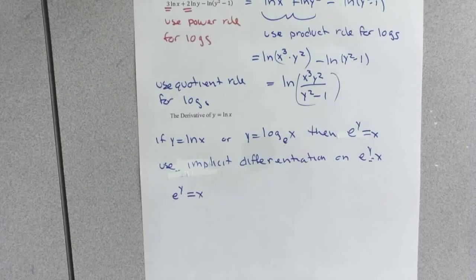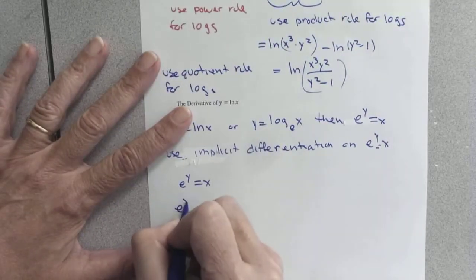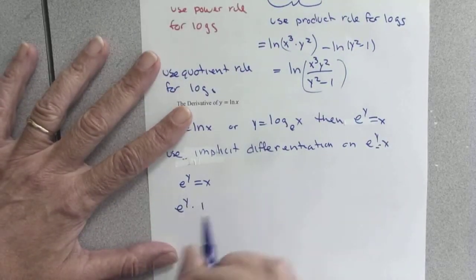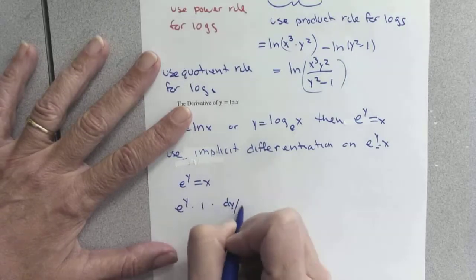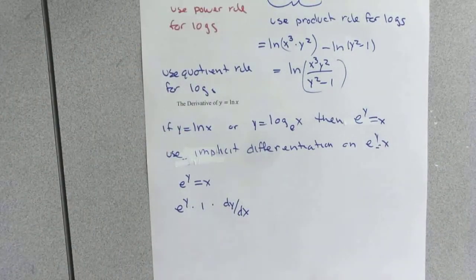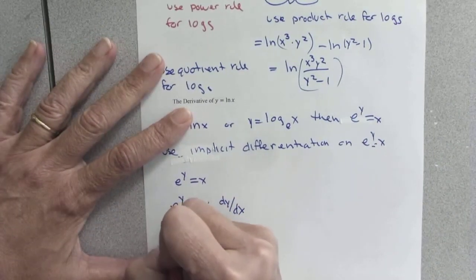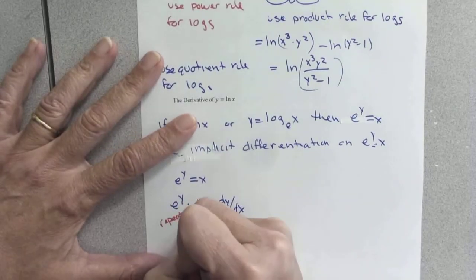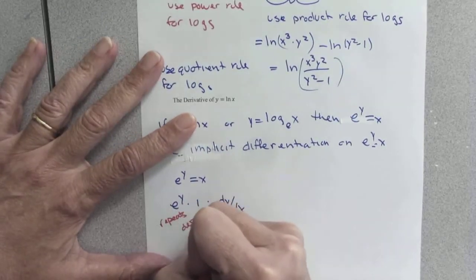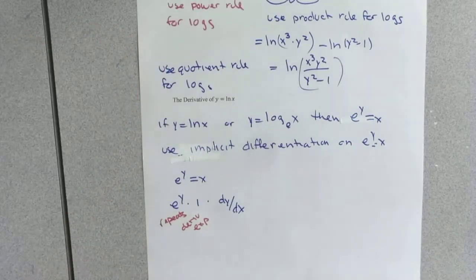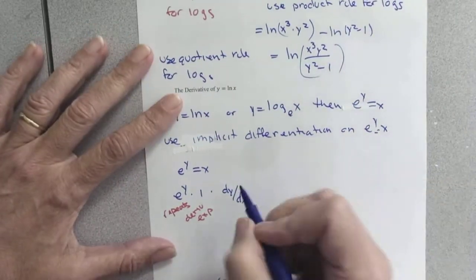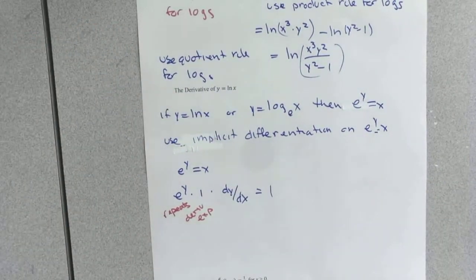So I differentiate everything, but every time I differentiate a y, I follow it by dy dx. So e repeats, derivative of the exponent, I just differentiate a y, dy dx. And derivative of x is 1.